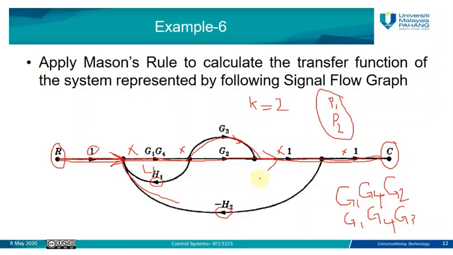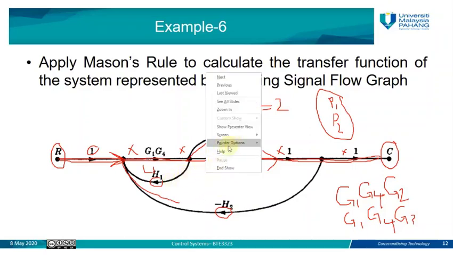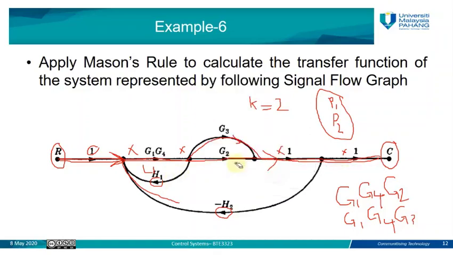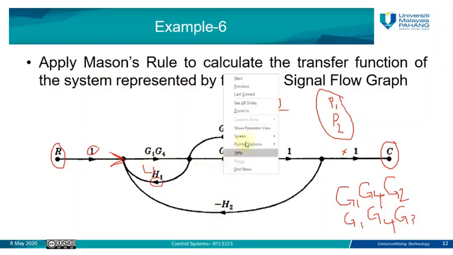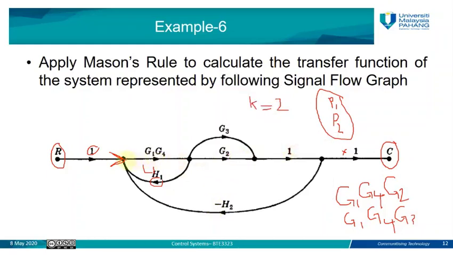Okay. Now we need to find the others. Is there any other loop in our signal flow graph? Yes, there are some other loops here. You can see the loop here.